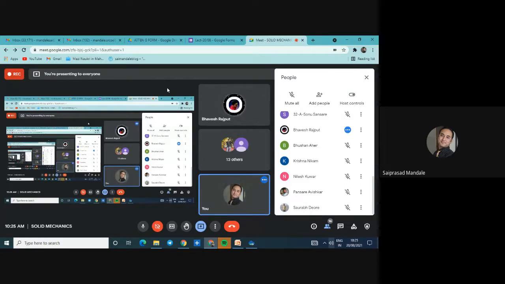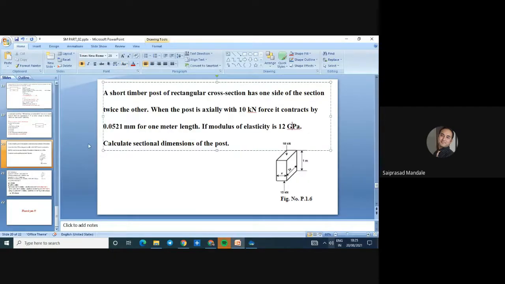Now it is 10:25, and this is the next numerical for everybody. This numerical will act as an assignment for you. This is the first numerical as an assignment. Everybody, please take a screenshot.